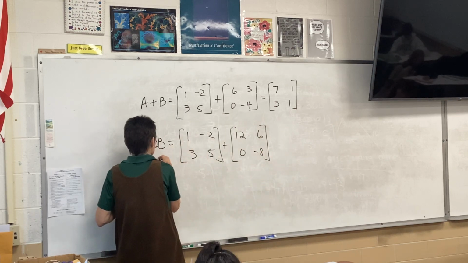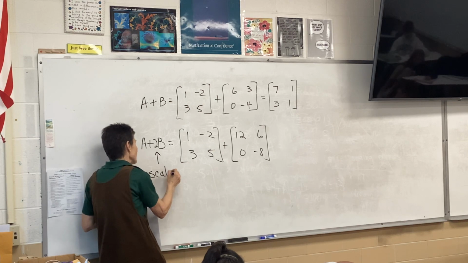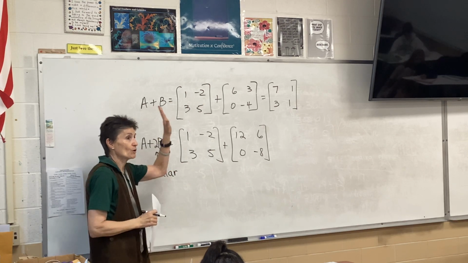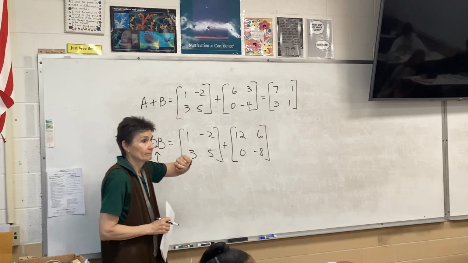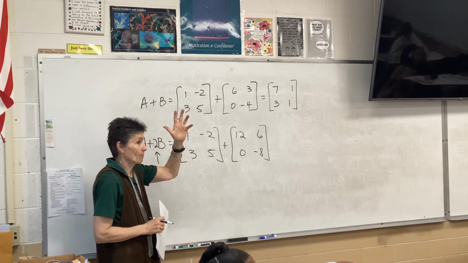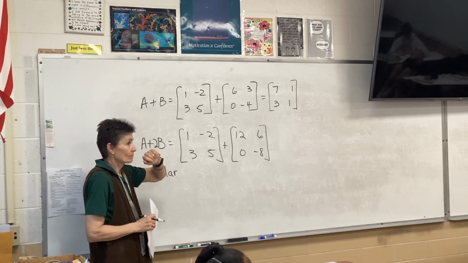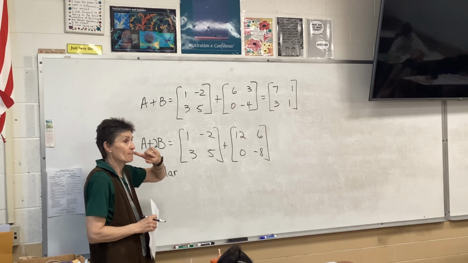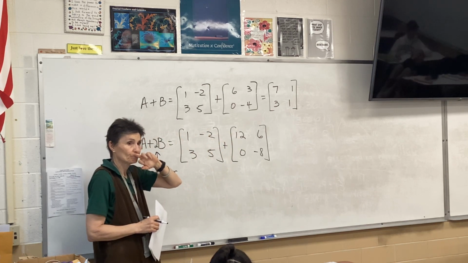By the way, this 2 has a special name. It's called a scalar. Who's in physics? Have you heard that word before? What's a scalar? Basically, it's just a number. When we say something is moving at 12 miles an hour, 12 is a scalar.